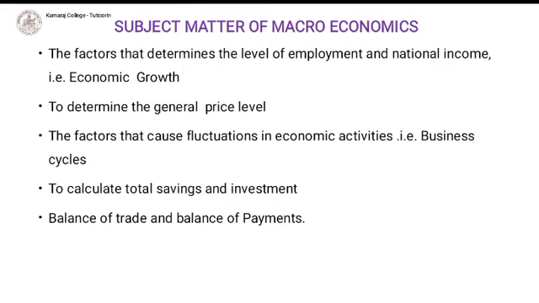And third one, the factors that cause fluctuation in economic activities, for example, business cycle. A business cycle is a cyclical fluctuation of economic activities and it consists of recession, recovery, prosperity and depression. It helps to calculate total savings and investment. The next one, balance of trade and balance of payments. These are the subject matter of macroeconomics.